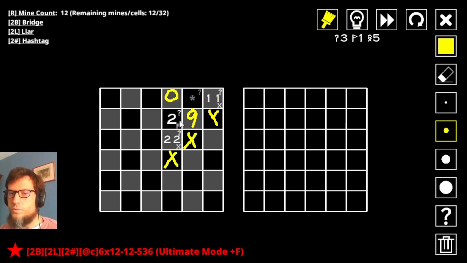And now this has a root 2 on it, so it needs to have, well, okay, assuming it's honest. Ah, but it must be honest now, because these two squares are gone, so it cannot be a 1, because it only has one square at distance 1 next to it available. So if this is honest, it's a 2, and it needs that to not be it, and it needs one of these two.